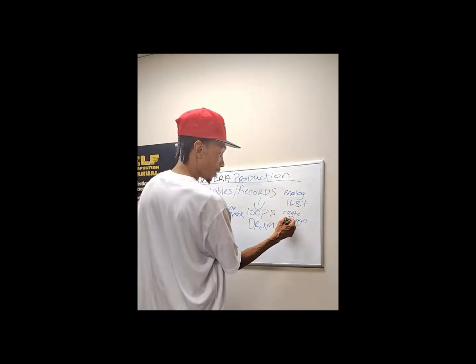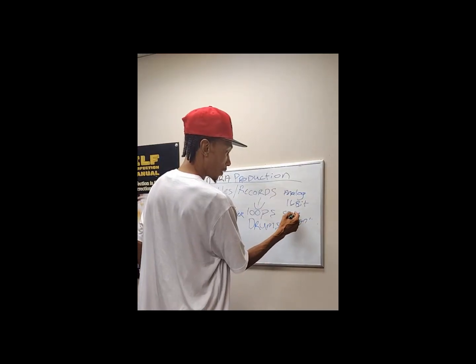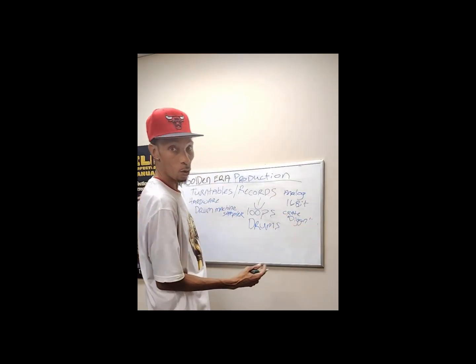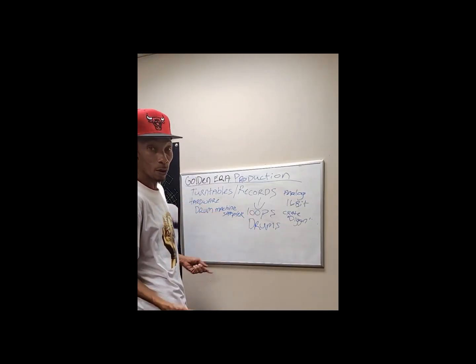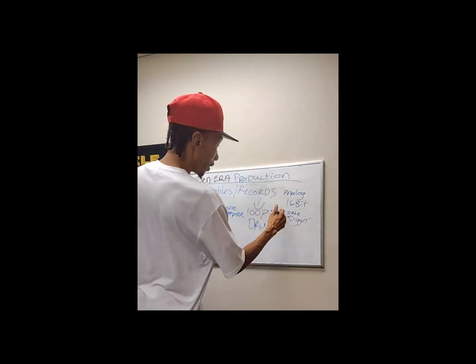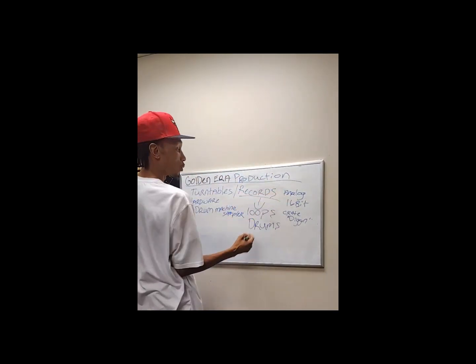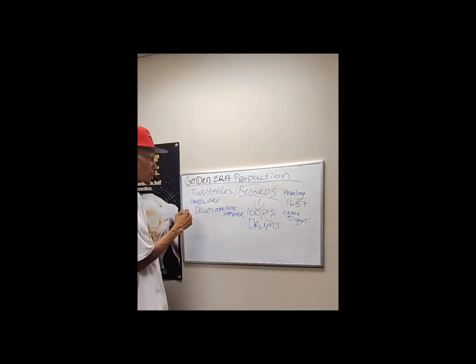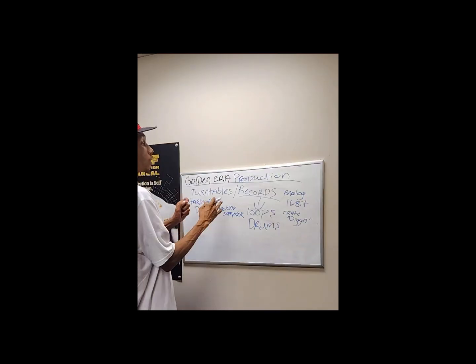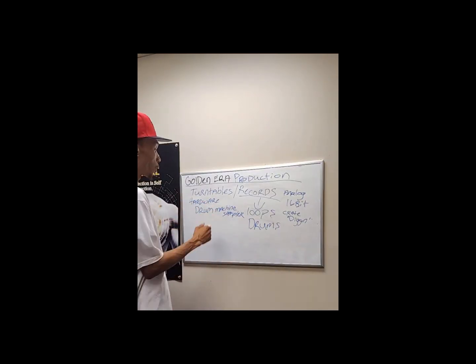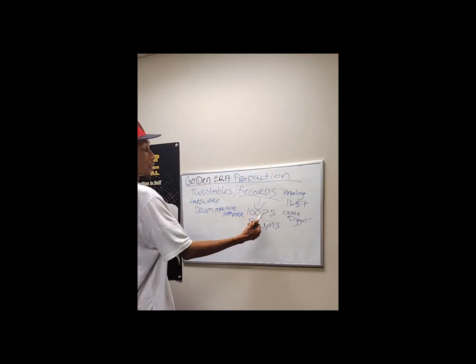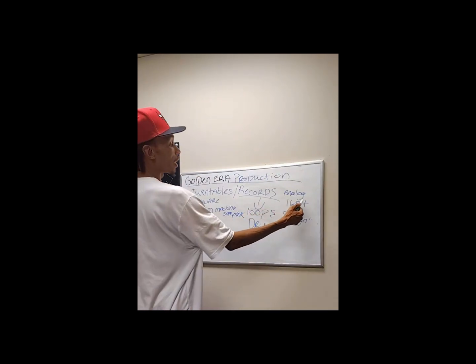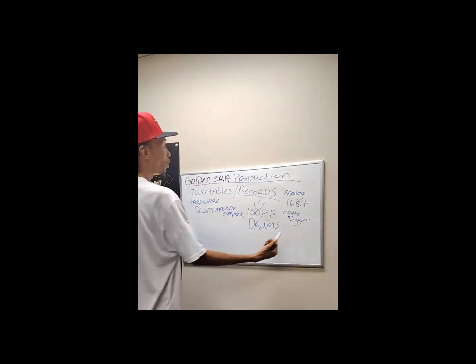It means literally digging in crates for records, going to the record store, going to your grandma's basement that's got records in it, thumbing through the crates. That's where you get these records from. So we got turntables, hardware drum machine, sampler, records for the loops and the drums, it's analog, it's 16-bit, it's crate digging.